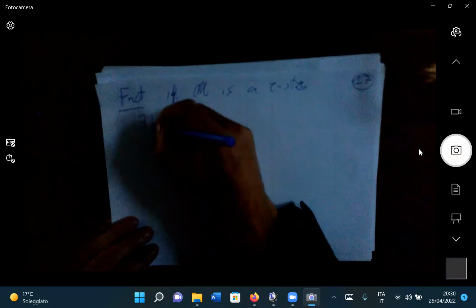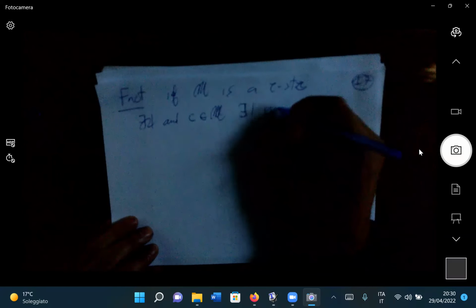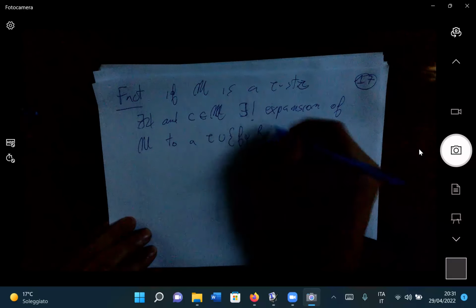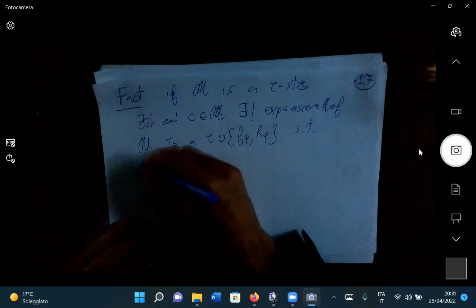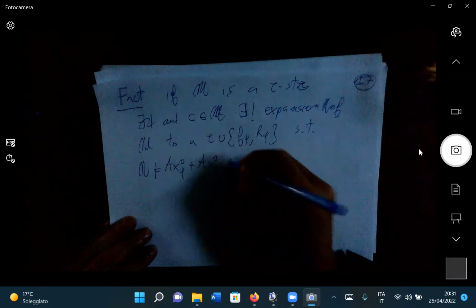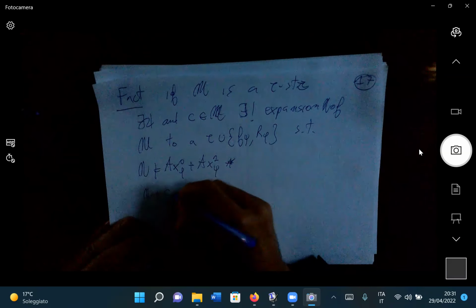Okay, so fact: if M is a tau structure, and c belongs to M, there exists a unique expansion of M to tau union {F_C, R_phi}, such that the expansion N satisfies: N models X_0 phi plus X_1 c, where c is interpreted, plus N models c tau equals c.